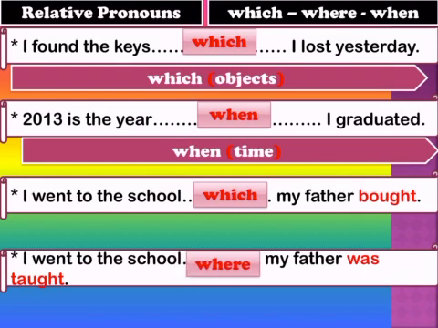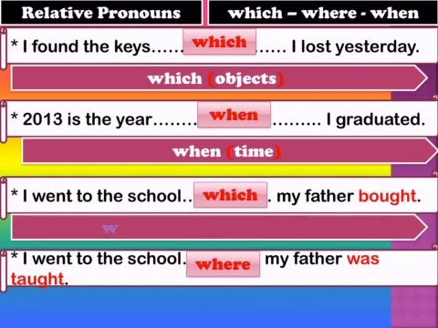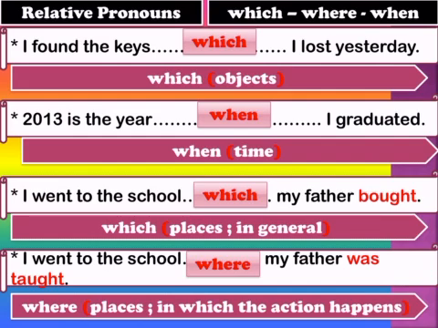Actually, which is used for places in general. When you buy something, you buy it in general. So the school my father bought, he bought it as a whole. But here, when I say was taught, the action happened inside the place where my father was taught.